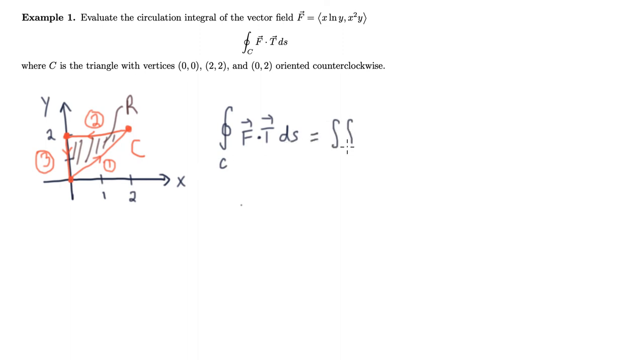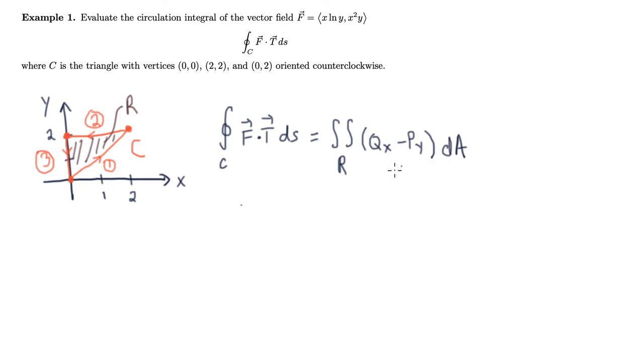So what this is equal to is the double integral over the region of the curl, or really the z component of the curl of this vector field. So Q_x minus P_y, over area elements.